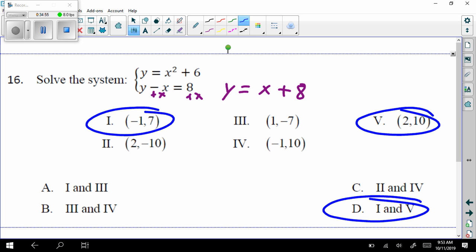If you did this by hand, all you would do is set them equal to each other and solve it. So your algebra would start with x squared plus 6 equals x plus 8. And then you just solve it out. Move everything over, factor it. It does become factorable. You get your 2 x values.